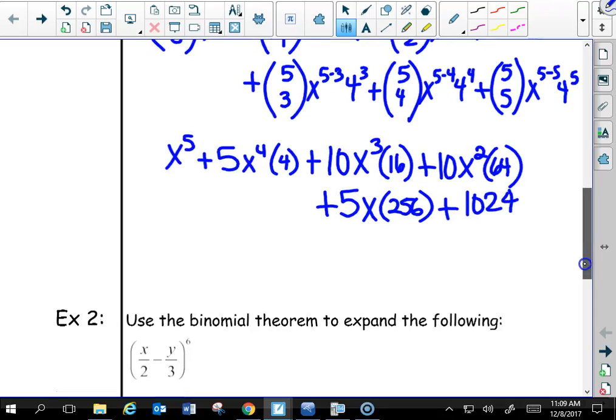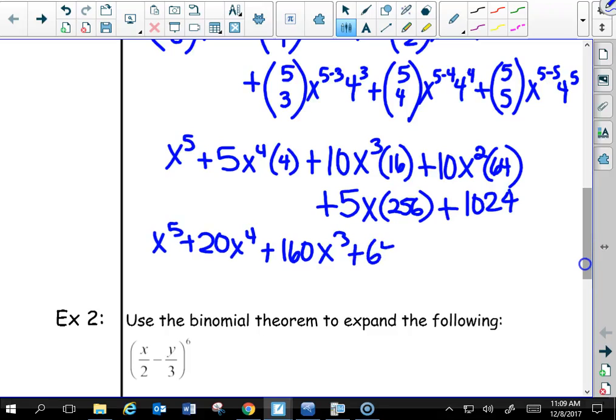Okay, so I've got some multiplications to do here. X to the fifth plus 20x to the fourth, plus 160 x to the third, plus it looks like 640 x squared, plus 256 times 5 is 1,280 x, and the last number is still 1,024.